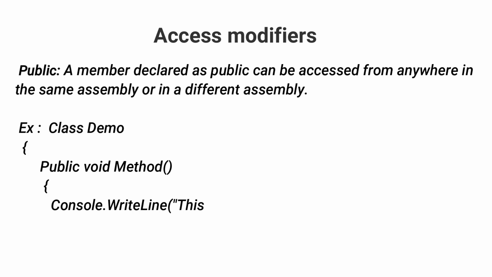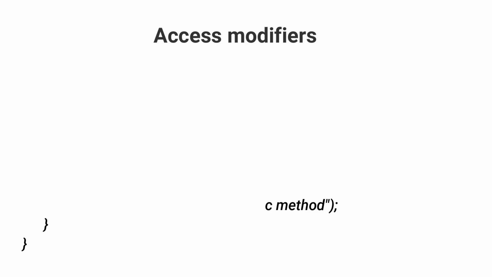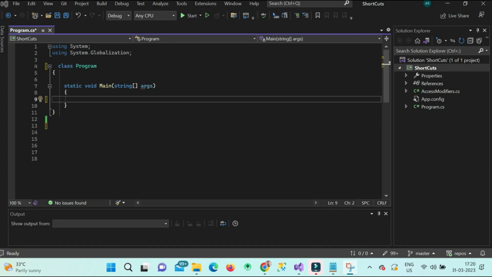A member declared as public can be accessed from anywhere in the same assembly or in a different assembly. That means class. It could be the same class or a different class. We can access it anywhere.